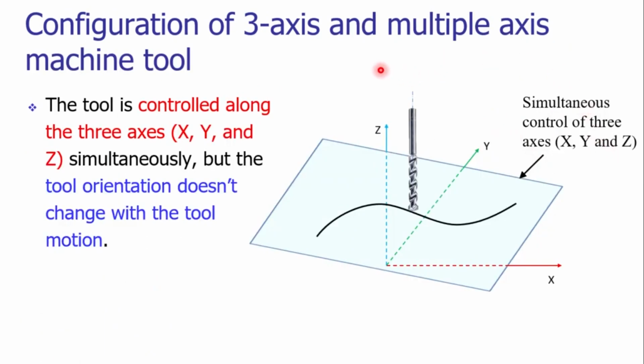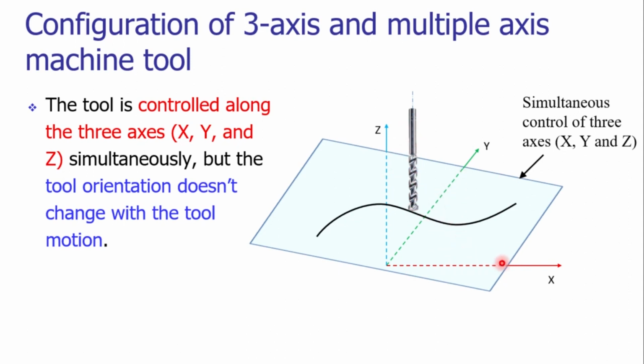When we say there is simultaneous control of three axes, in this case we are trying to control the Z axis movement, the movement of the cutting tool, along with the movement in X and Y direction.